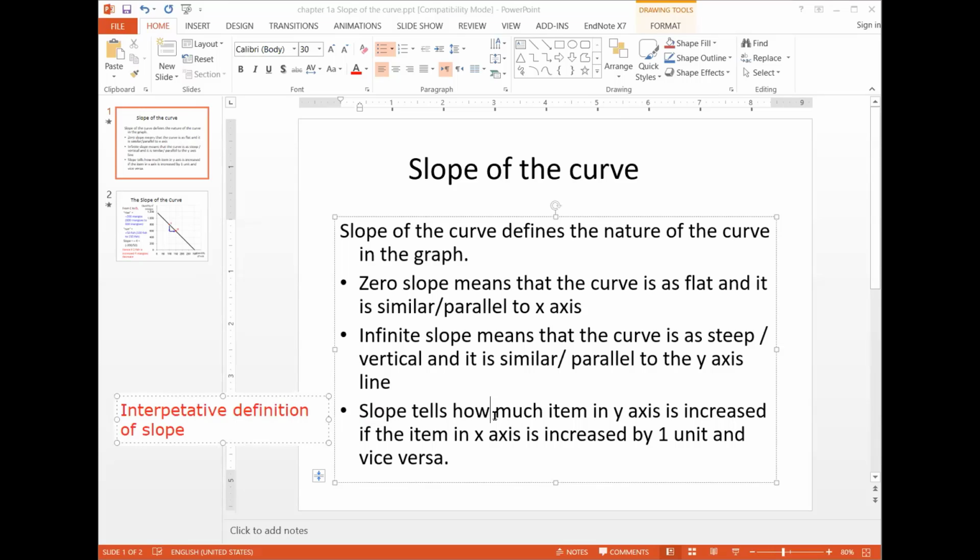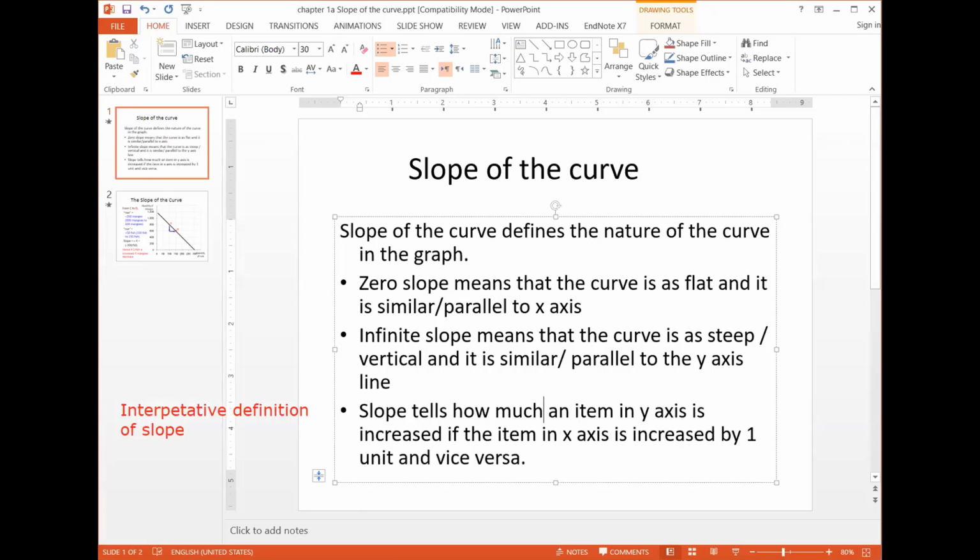So slope tells us how much an item on the y-axis is increased if the item on the x-axis is increased by 1 unit, vice versa.